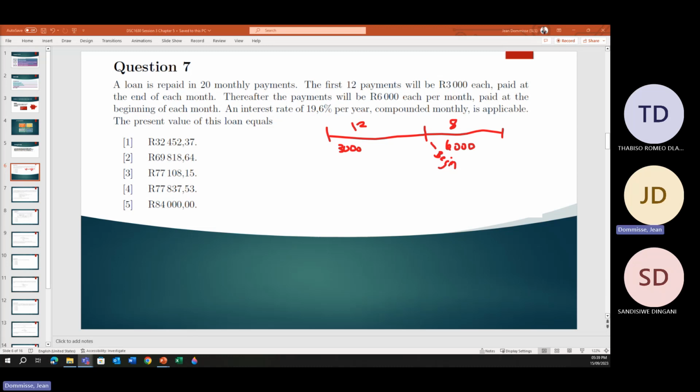Okay, so for the first part, this component, I'll write down what we will do on a calculator.